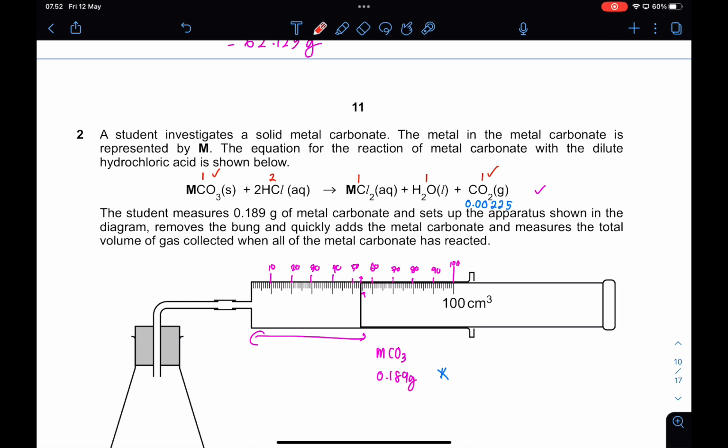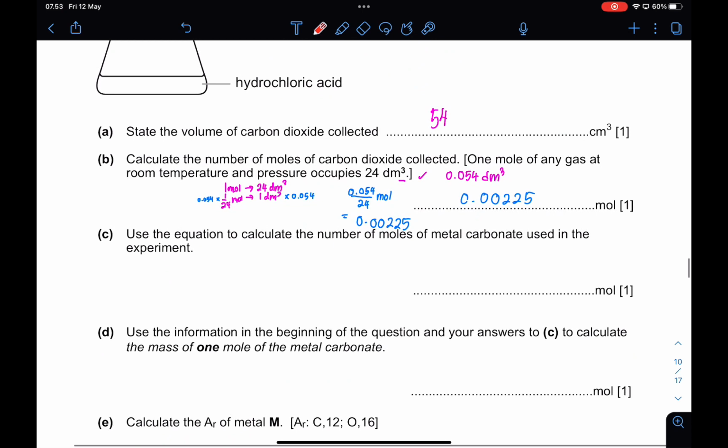So metal carbonate is 1 mole to metal carbonate is 1 mole. Ratio 1 to 1. So if you have ratio 1 to 1, it means that the number of moles over here is also the same as the number of moles over here, 0.00225.